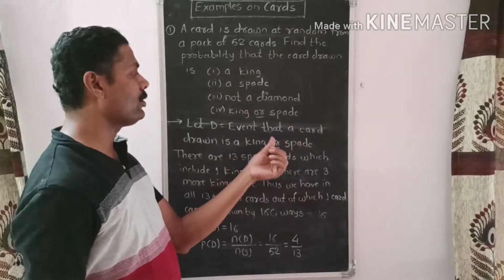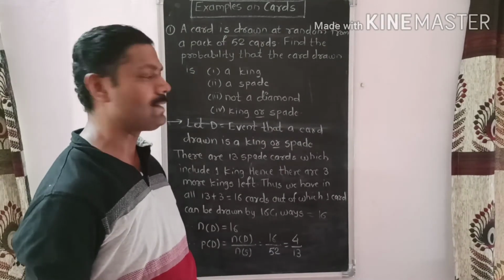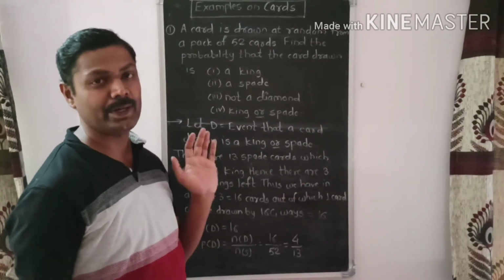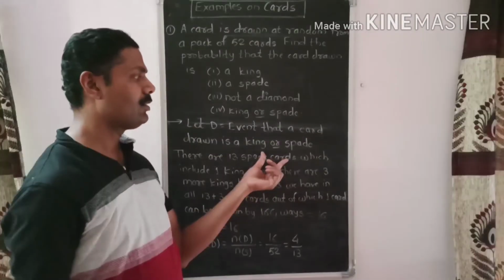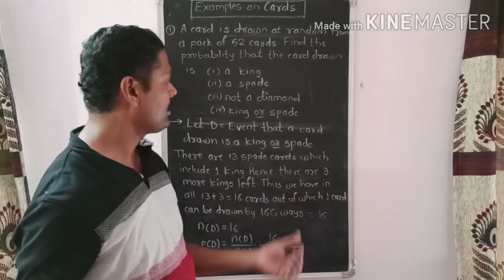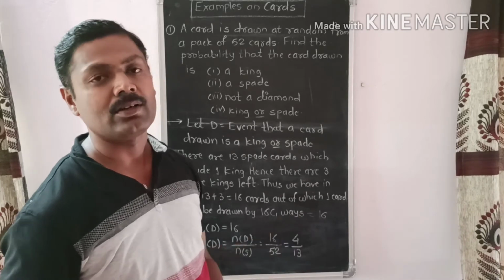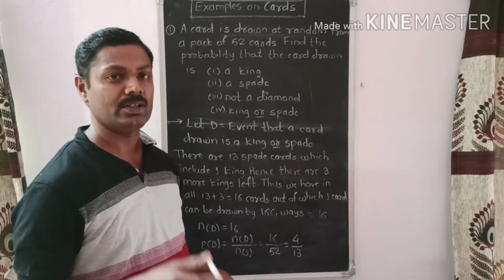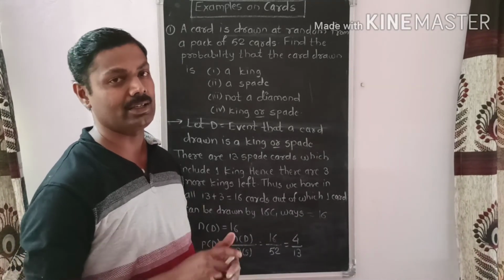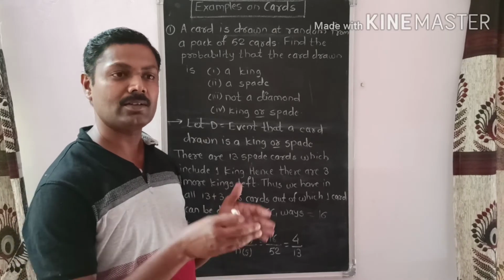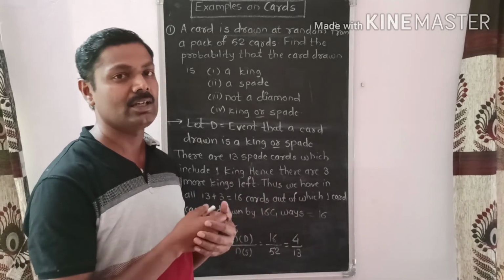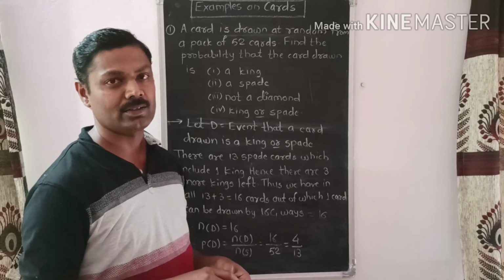Let D be the event that a card drawn is a king or a spade card. In this we need to understand king or spade cards. There are a total of 13 spade cards, which include one king.